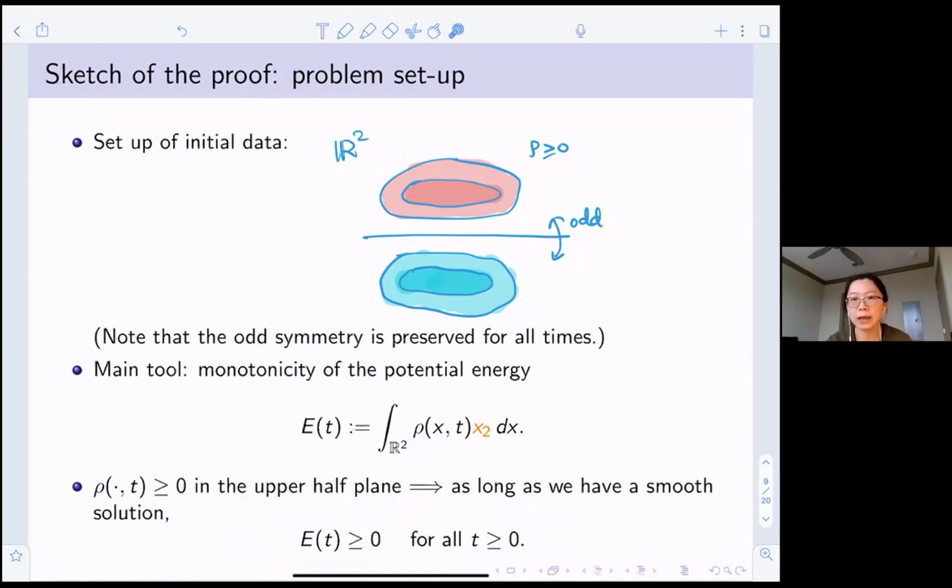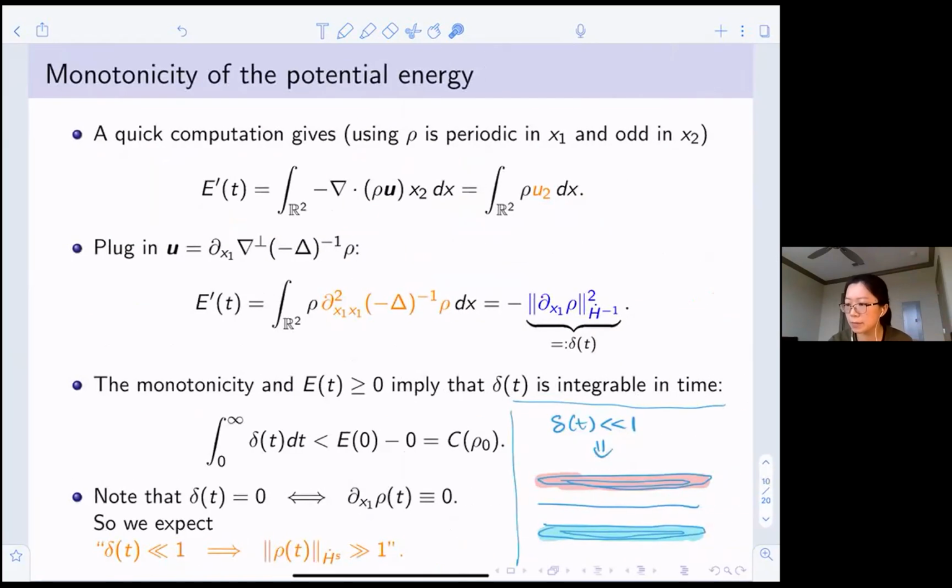Right. And next, the key step is to show that the potential energy is actually dropping in time, which is intuitively true because the whole equation is just driven by gravity, right? But let's actually show it.